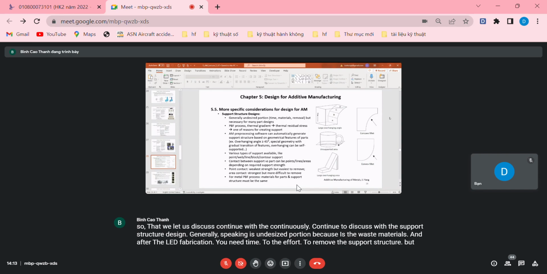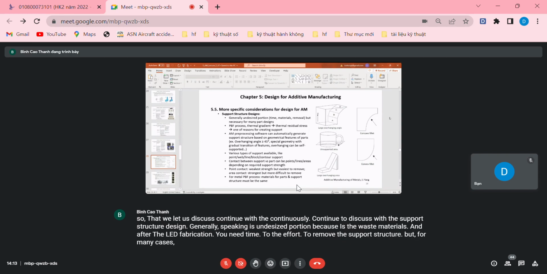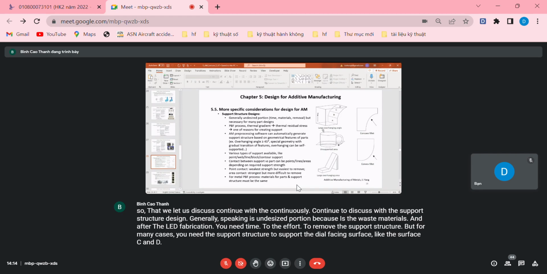But in many cases, you need the support structure to support the down-facing surfaces, like surfaces C and D, or the part here with the large overhanging angle, especially those surfaces C or D.